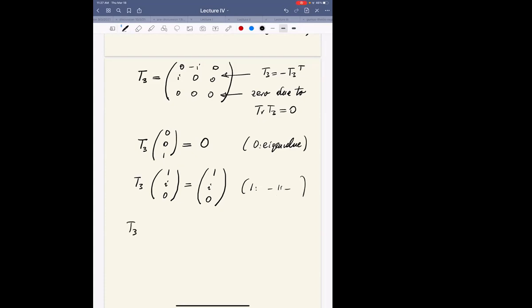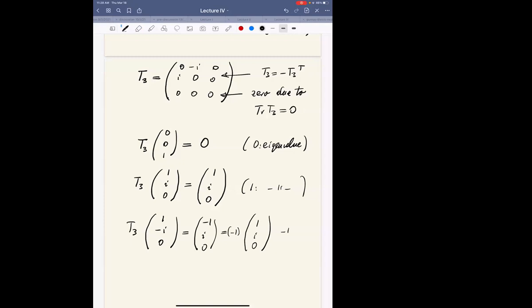And T3, if I act on minus I0, becomes minus 1 I0.